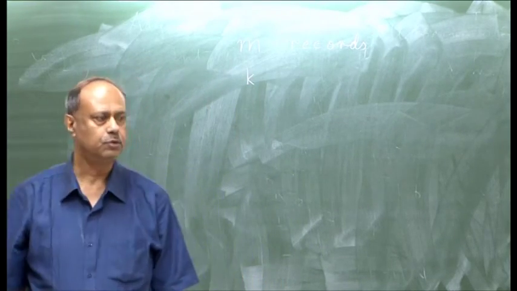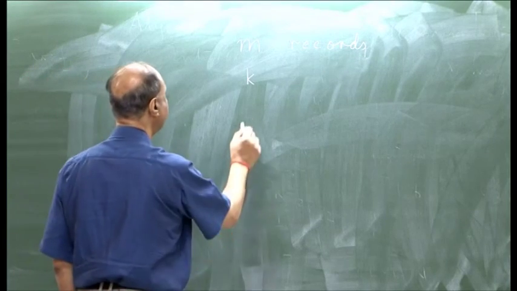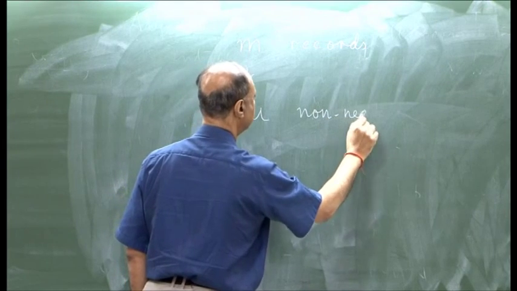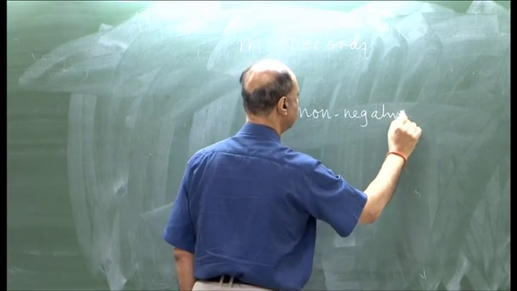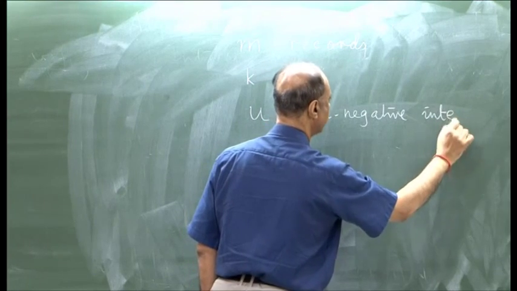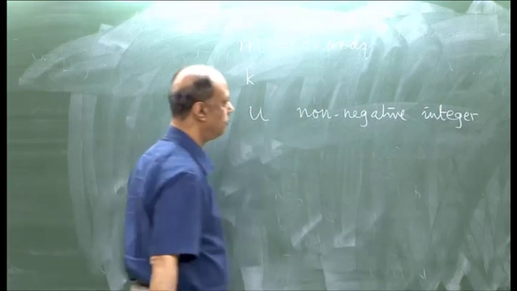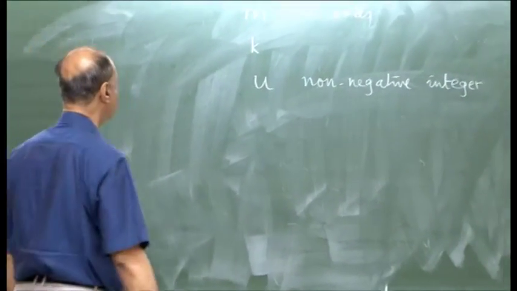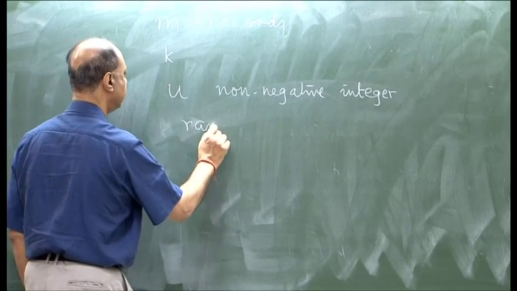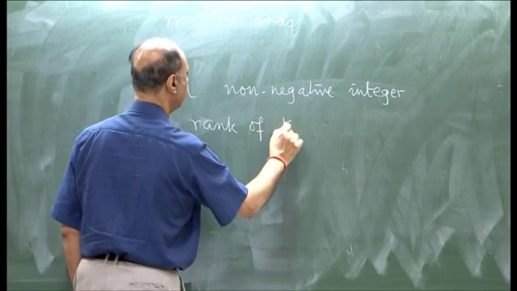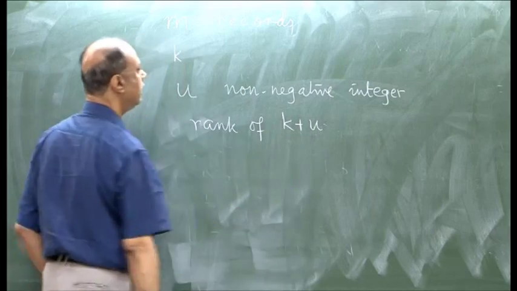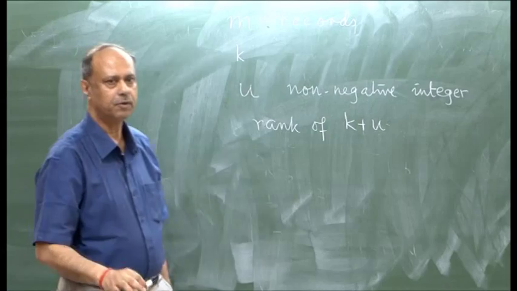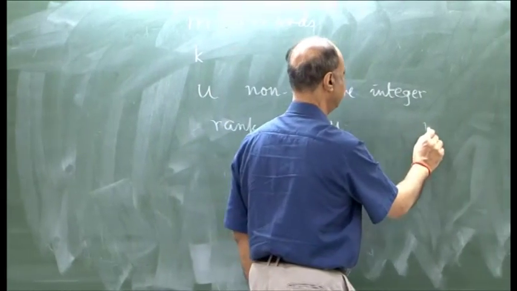Now the problem is to find a non-negative integer u such that the rank of k plus u in your m records is u plus 1.